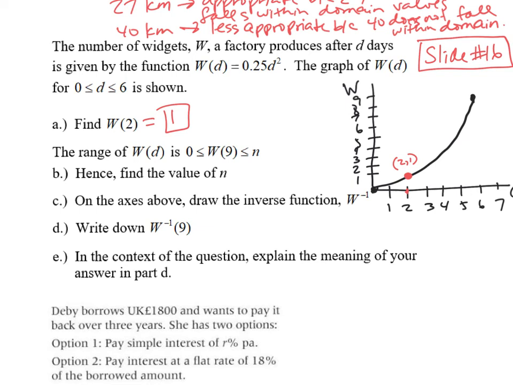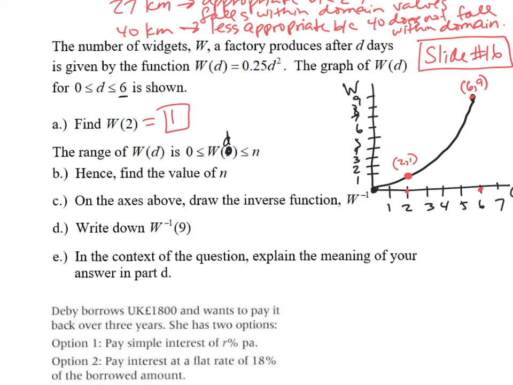Oh, I just realized, hold on. Okay, I just realized this has a typo. This should be D, not 9. I think I was thinking about that n. Anyway, W of D ranges from 0 to n, so it says hence find the value of n. Now remember the domain goes from 0 to 6, so when D is 6, this point, which has coordinates 6, 9, would tell you what the max range value is.